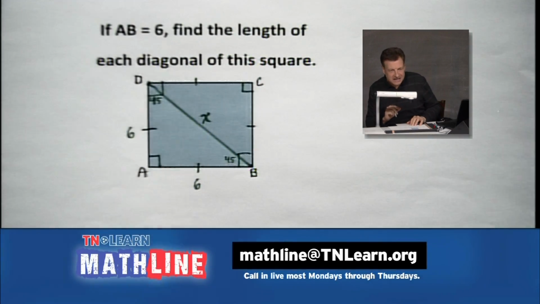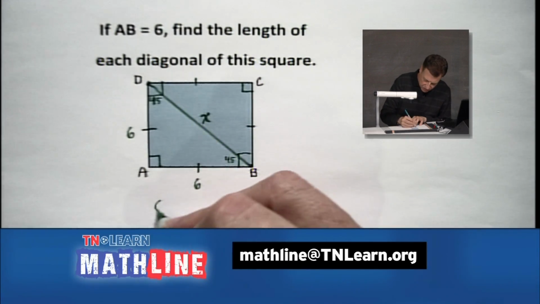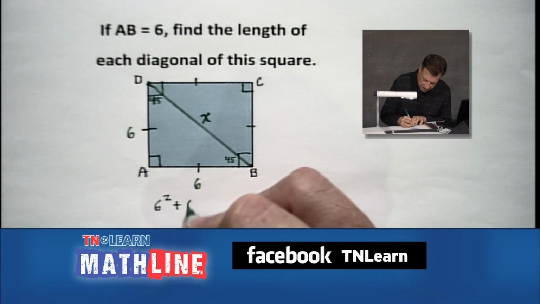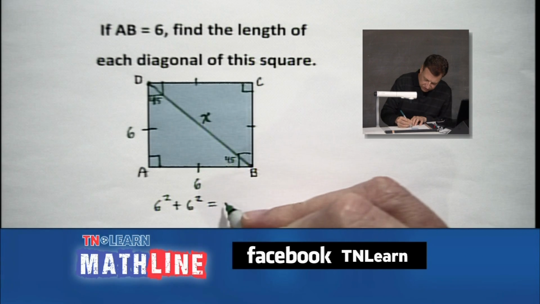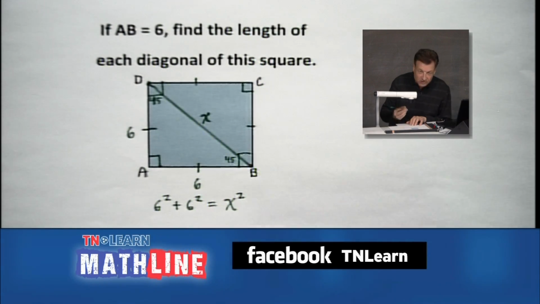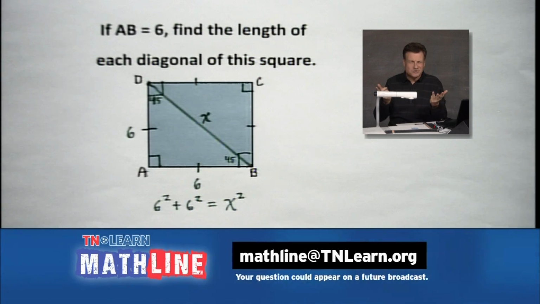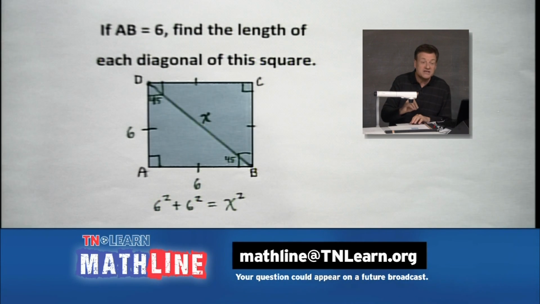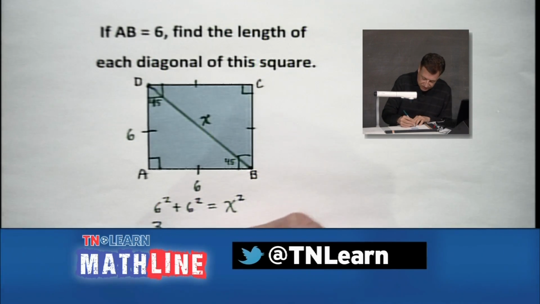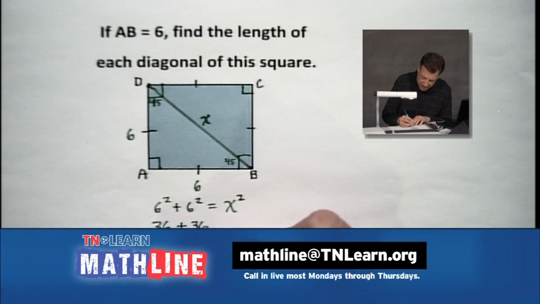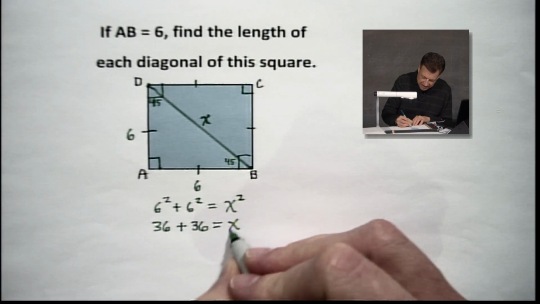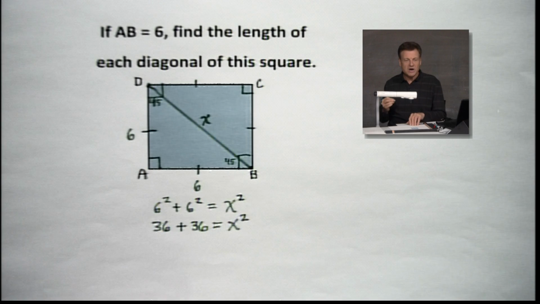So we got 6 squared plus 6 squared equaling x squared. I like it. Do you like it? Because we know what 6 squared equals, right? Everybody knows 6 times 6. Well, if you don't, you're going to learn it right now, aren't you? 36, because we're going to use it twice. 36. Put 36 right there. And it gives us, wow, x squared.